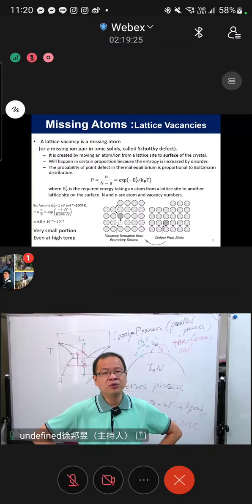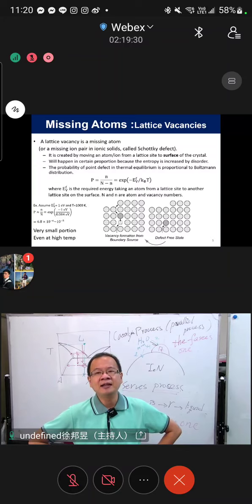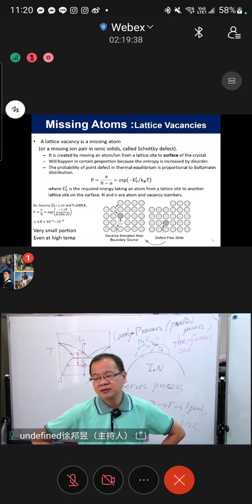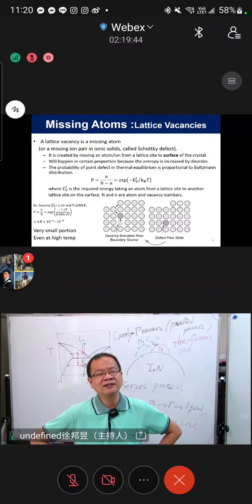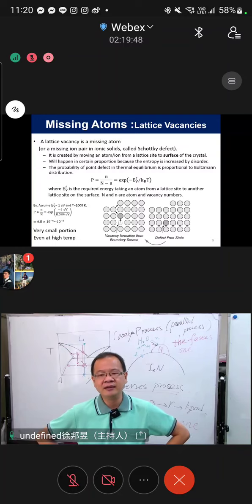So the Boltzmann distribution basically defines the probability of a deviated state relative to the equilibrium state. That's a very simple description of the Boltzmann distribution. It is based on classical physics, but you will find it surprisingly matches whatever quantum system.